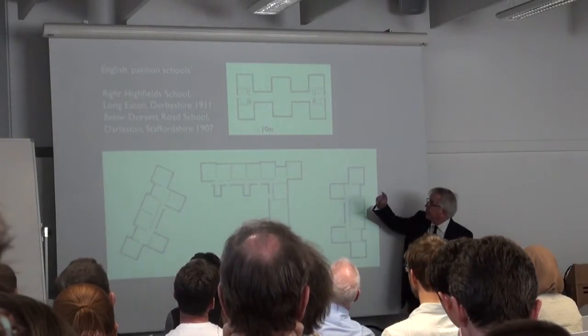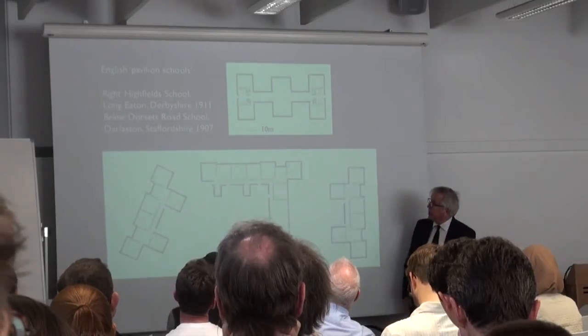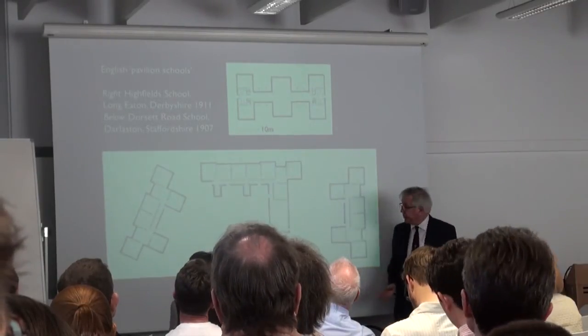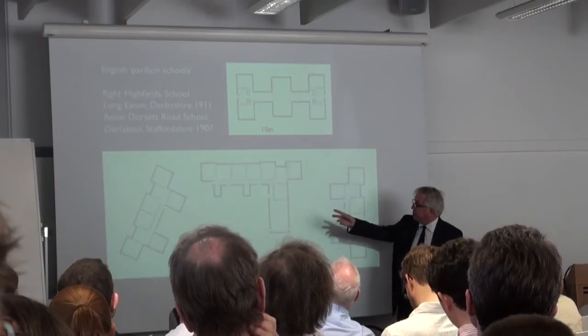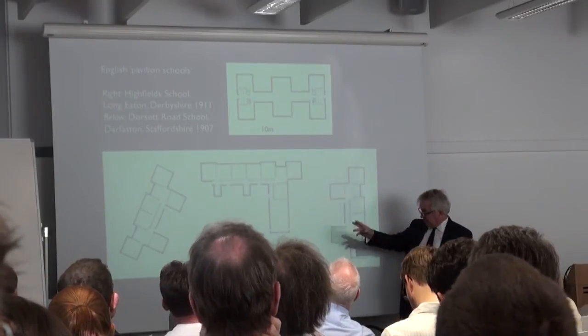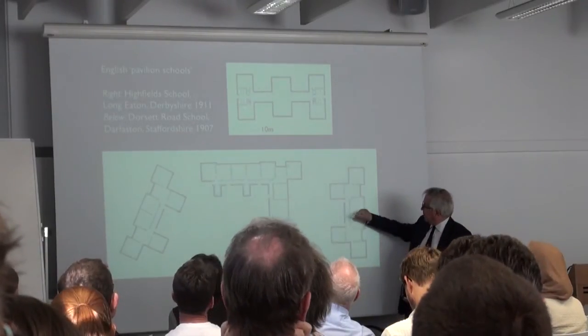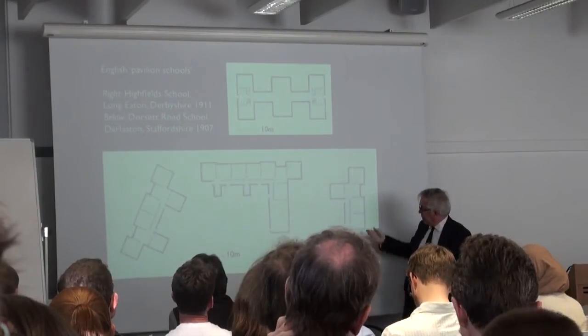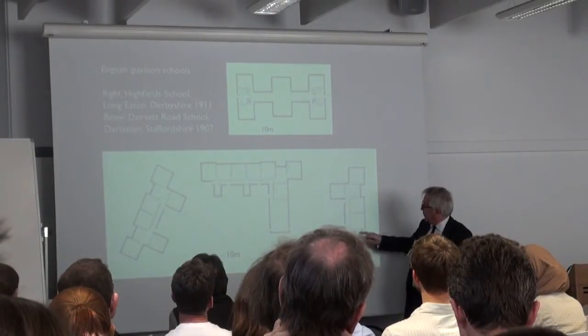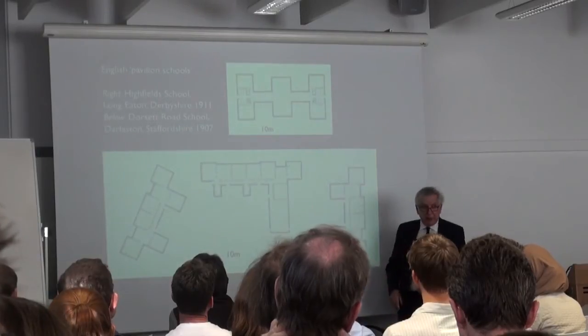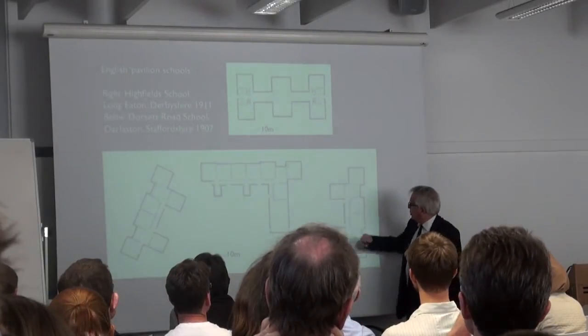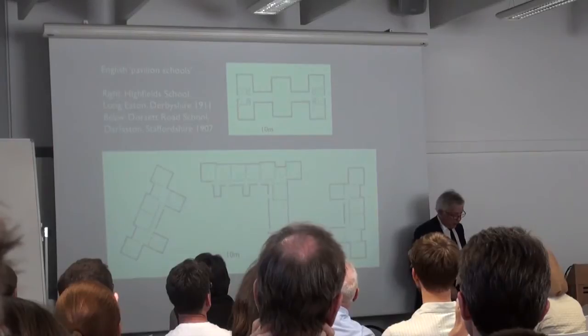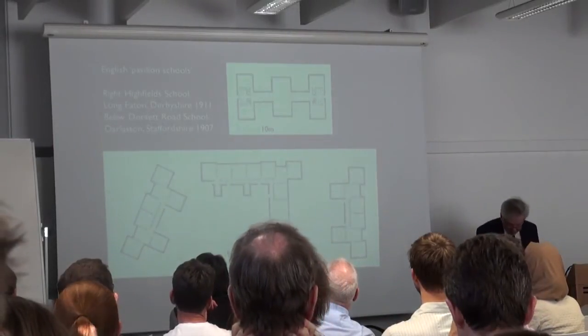This is Highfields here. You see with these verandas between the classrooms exposed on three sides, a lot of ventilation. This is Darlaston, girls, boys and infants, again, shallow plans, 9 or 10 meters, through ventilation, and some borrowed light through the corridors into the backs of the classrooms to improve the lighting at the rear.